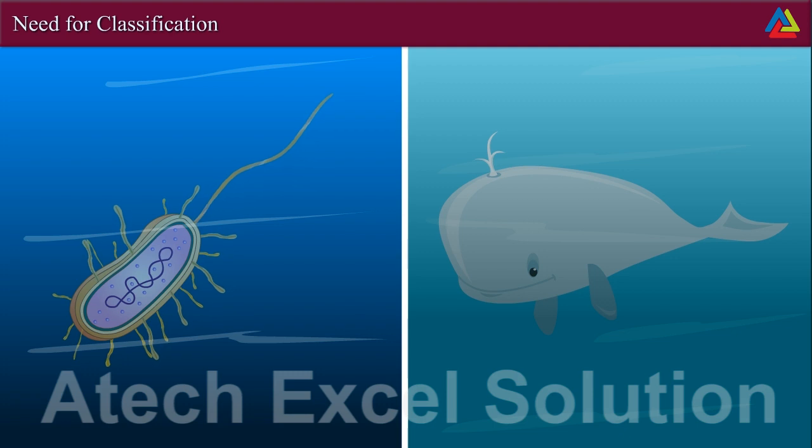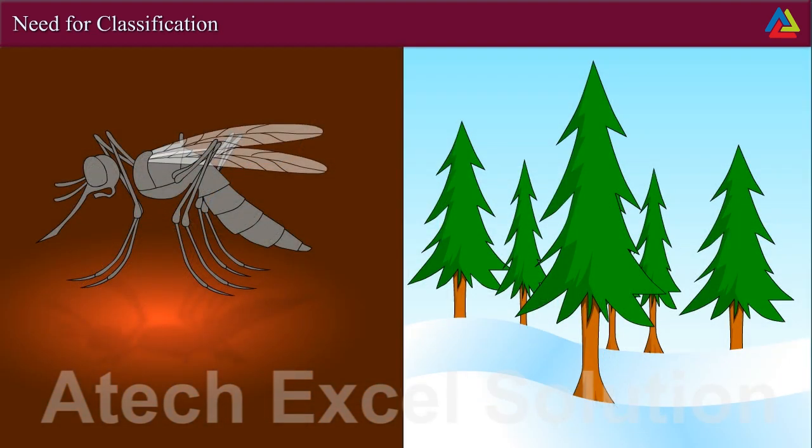For example, variation in size: bacteria is microscopic, while a blue whale is more than 30 meters long. Variation in longevity: mosquitoes are alive for a few days, but a pine tree can exist up to several thousand years.